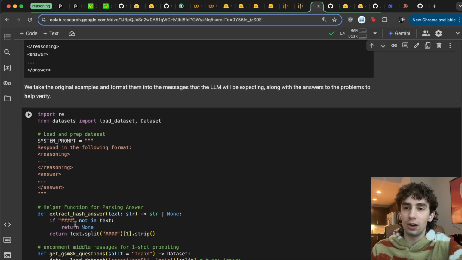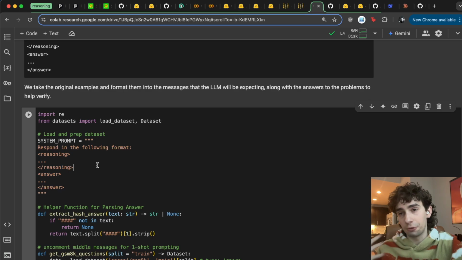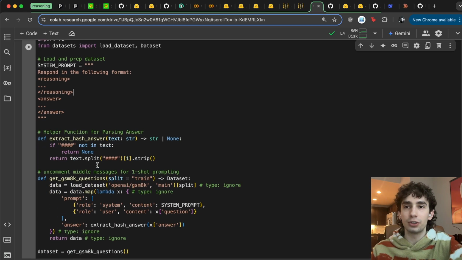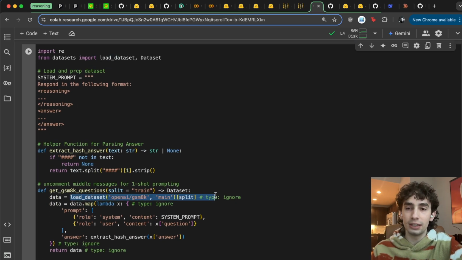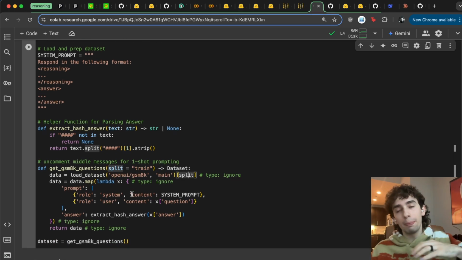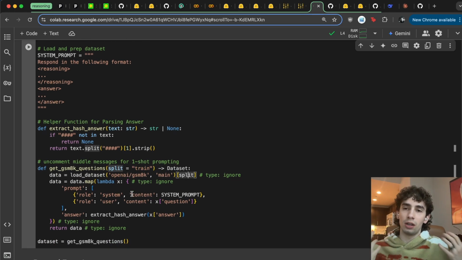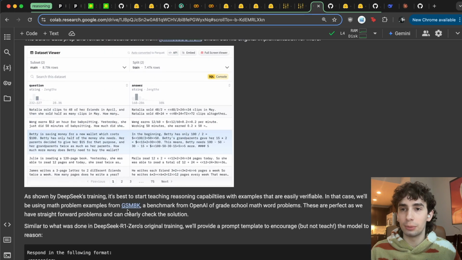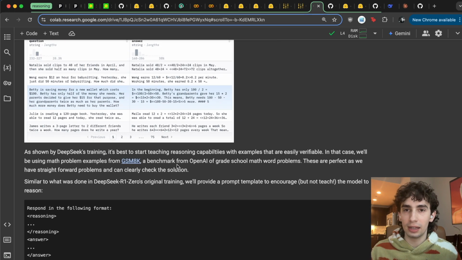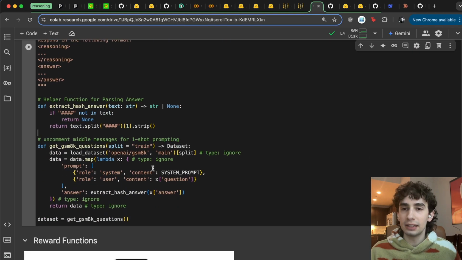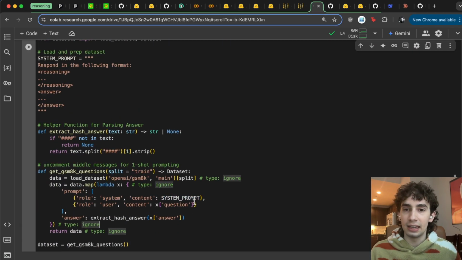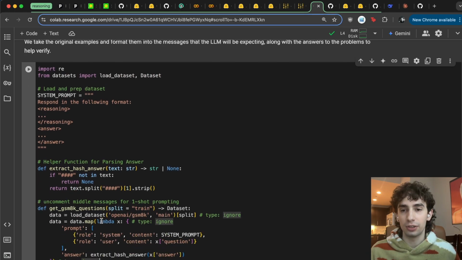So with our prompt and our format that we want, what we can do is go through, actually load the dataset, split it into the train, and then prepare the dataset into all of these exact nice formats, which in our case is going to be taking the original question as well as the answer, formatting the system prompt, adding in the question, and then extracting out just the specific answer.